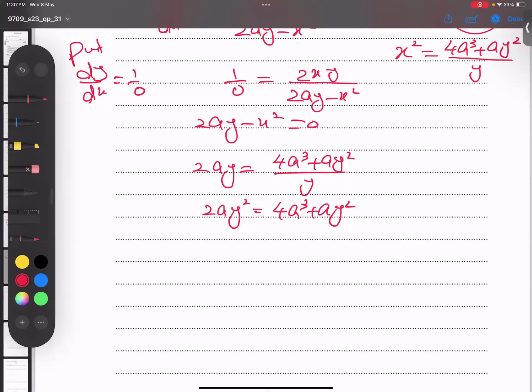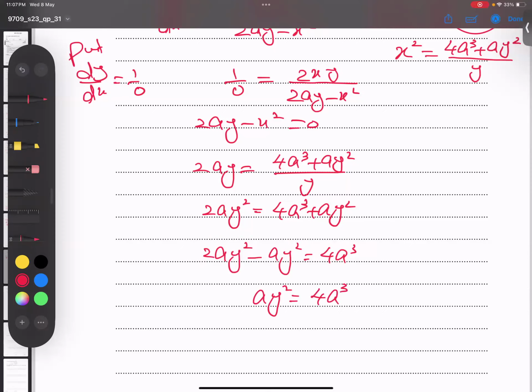So students, what is the technique to handle this one? Because the problem is coming there, 2a y square, I have to make y alone. So better to bring it here: 2a y square minus a y square equal to 4a cube. So can I take y square common from here, 2a minus a, I get a single a, y square equal to 4a cube.